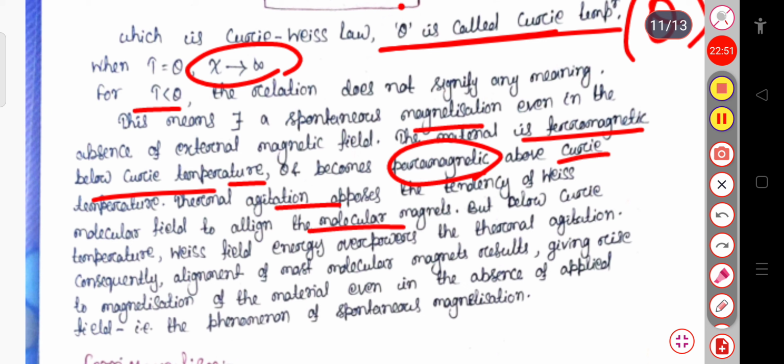But below the Curie temperature, the Weiss field energy overpowers the thermal agitation. Consequently, the alignment of most molecular magnets results, giving rise to the magnetization of the material even in the absence of the applied field. That is the phenomenon of spontaneous magnetization. If you remove the external field, the material has the power to retain the magnetic field inside the ferromagnetic material. So this is all about the Weiss theory of ferromagnetism.